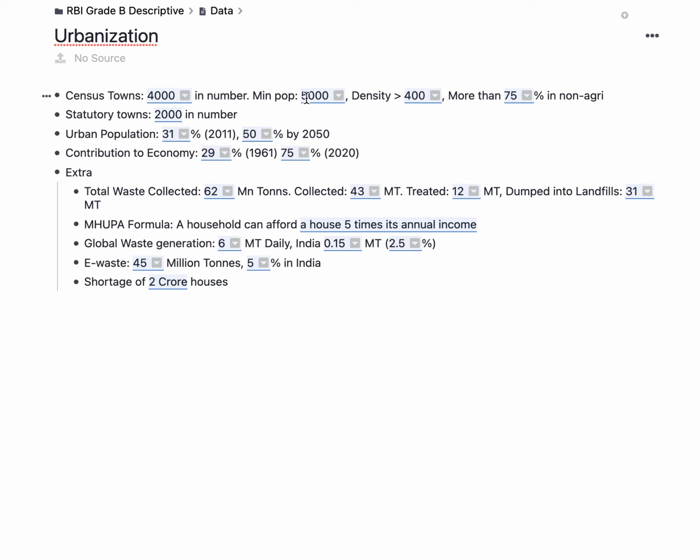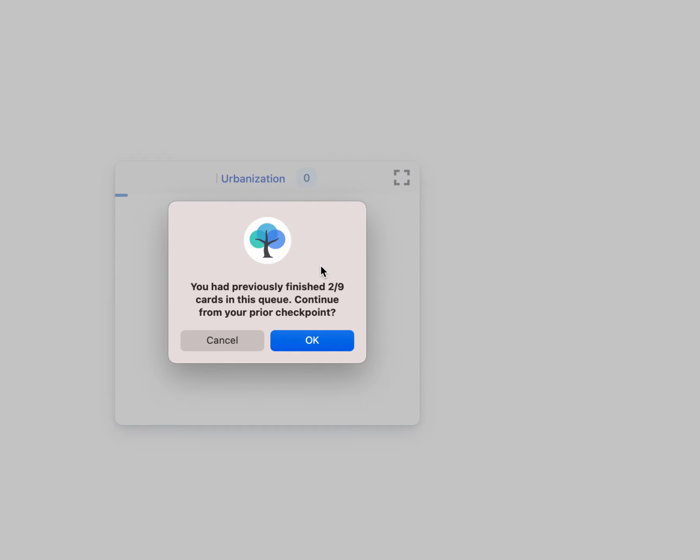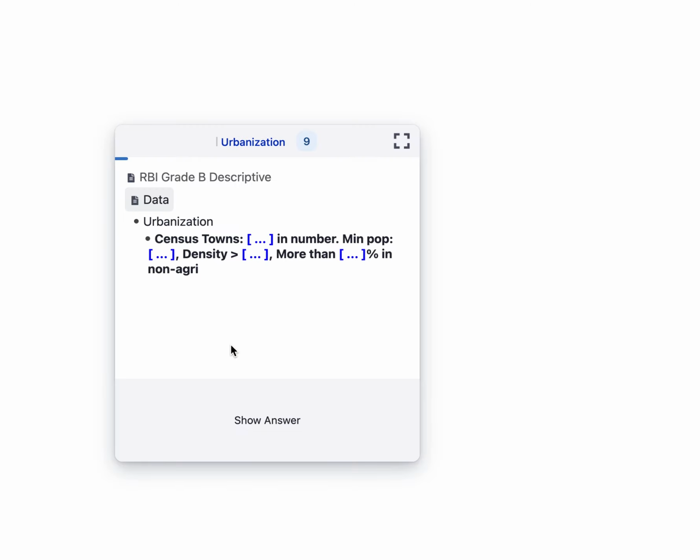So if I select revise all RAMs, this software is going to show me all the RAMs that have been listed here, which is around 9 or 10 in number. So first I'll start with the second option. It is also showing me that previously I finished 2 by 9 cards in the queue. But I'll leave that and I'll start with the first only.